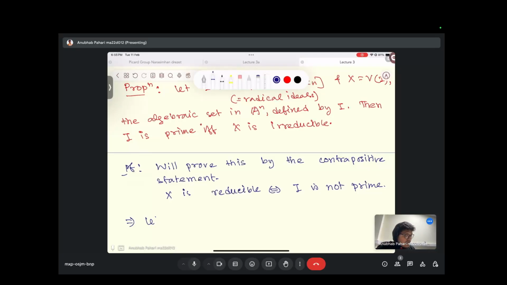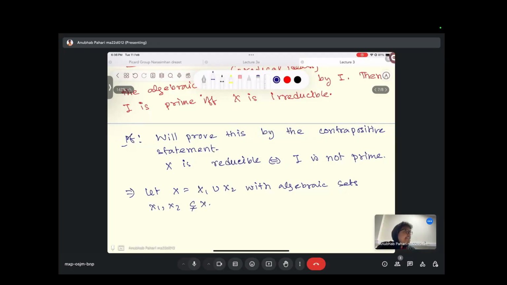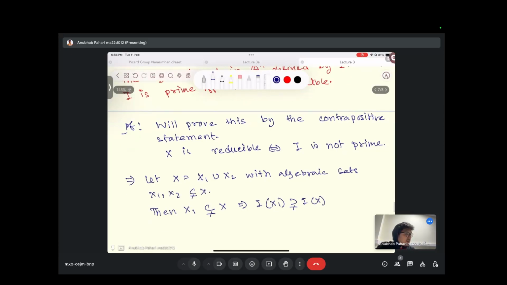Now let X = X1 union X2 with algebraic sets X1, X2 which are not equal to X. Then X1 strictly contained in X implies I(X1) strictly contains I(X), because I is your radical ideal, so you can recover this.